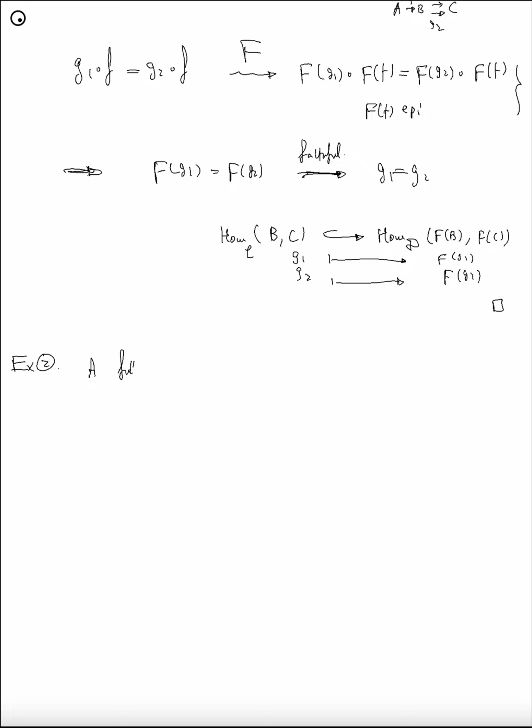A fully faithful functor, equivalently a full subcategory, category inclusion. Okay, I don't care about that. Let me just write: a fully faithful functor f reflects limits and colimits.